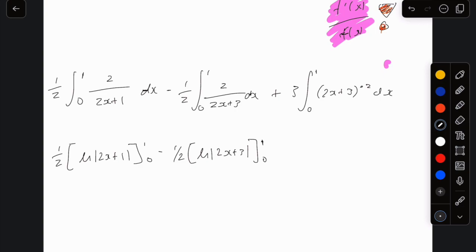Okay, so I'm going to say 2x plus 1 for the first one, plus 3. Okay, and what we're going to do is we're going to add 1 to the power. So 2x plus 3 to the negative 2 plus 1, negative 1, between 1 and 0, like that.